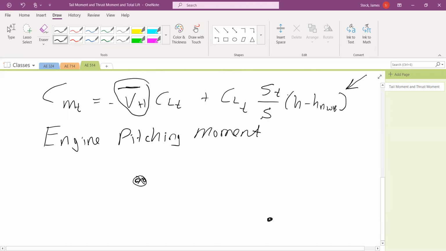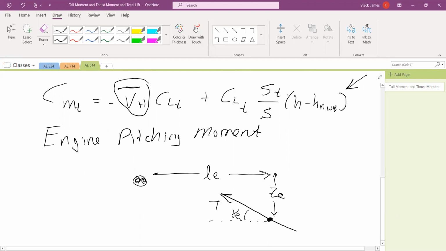We say that the engine thrust acts down here, defined to be the distance LE aft and ZE down. Obviously the E is for engine. So this is the thrust line, and the angle that it acts at is called gamma E for the engine.